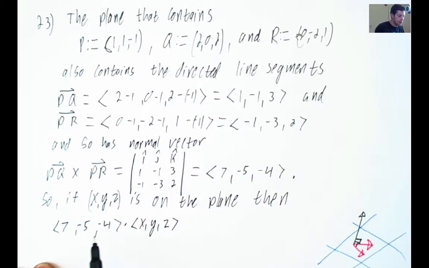I mean, there is a slight difference between a point and a vector. Just want to remind you of that. I have promoted this point to a vector by thinking of the vector that goes from the origin to the point x, y, z, a directed line segment.